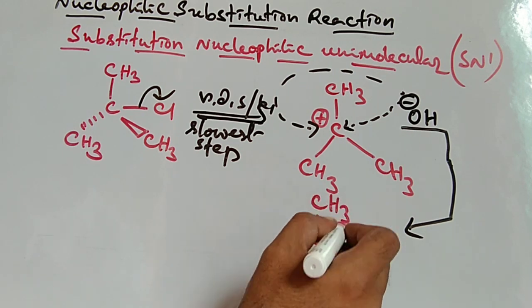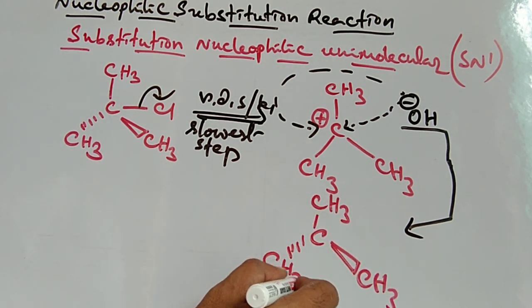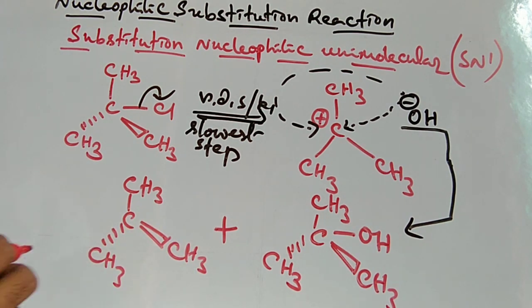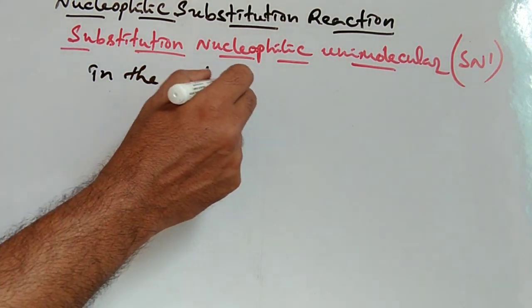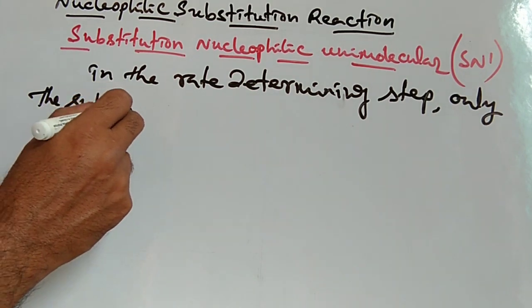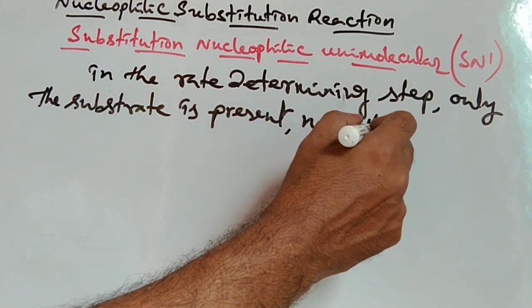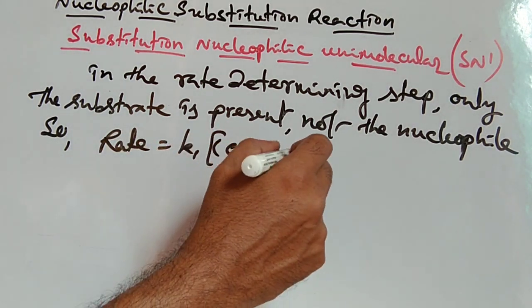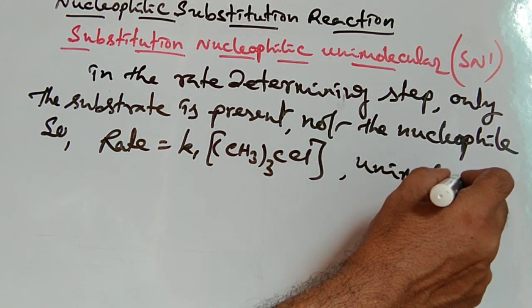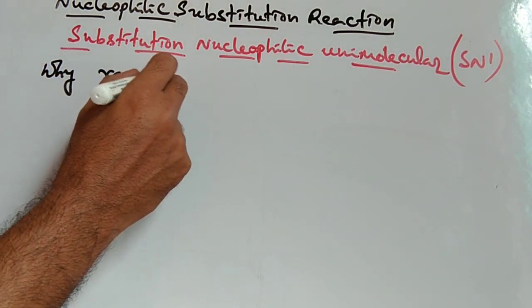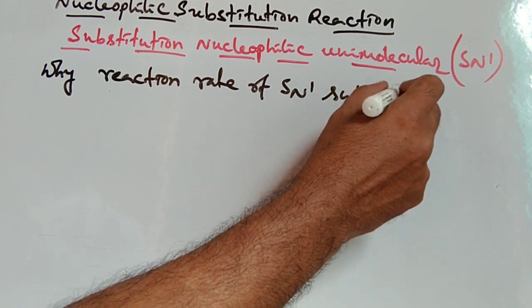That is why the rate of Sn1 reaction increases from methyl chloride to tertiary butyl chloride, whereas the Sn2 reaction rate decreases from methyl chloride to tertiary butyl chloride, as more and more bulky methyl groups are present in the transition state. Steric hindrance will be more, and that will destabilize the transition state, so the rate of the reaction will also be decreased.